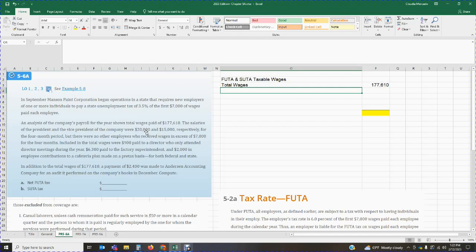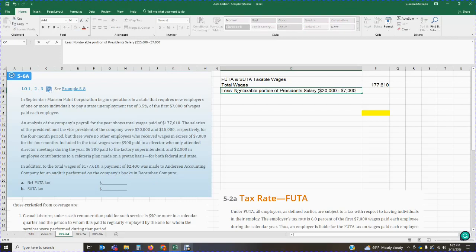I'm going to have less the non-taxable portion of the president's salary. The president's salary was $20,000, and I'm going to deduct the $7,000.